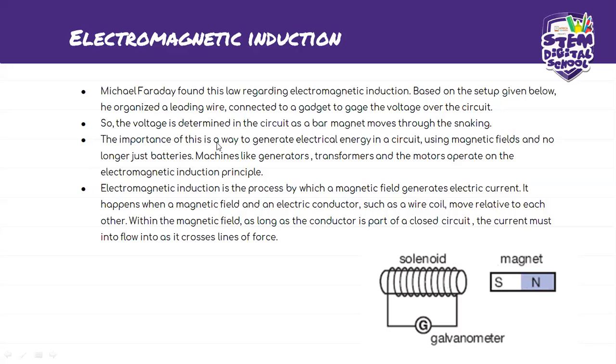The importance of this is that it's a way to generate electrical energy in a circuit using a magnetic field and no longer just batteries. Machines like generators, transformers, and motors operate on the electromagnetic induction principle.